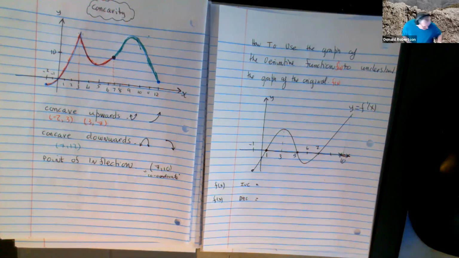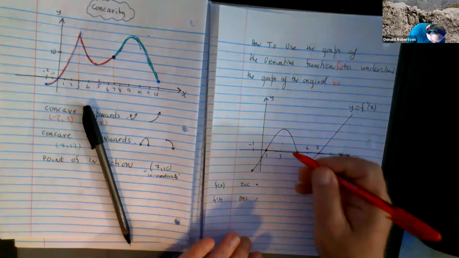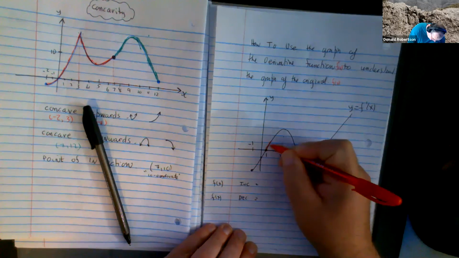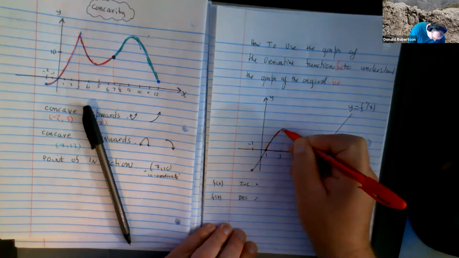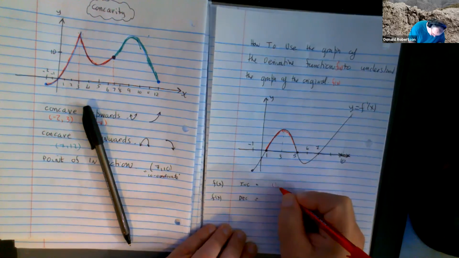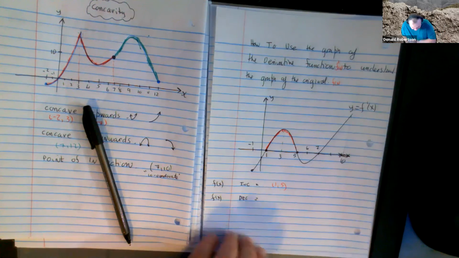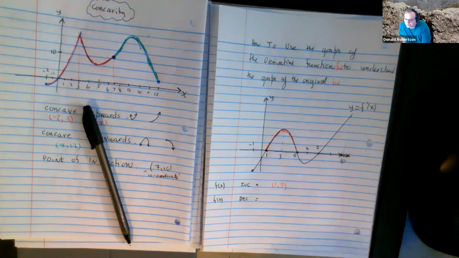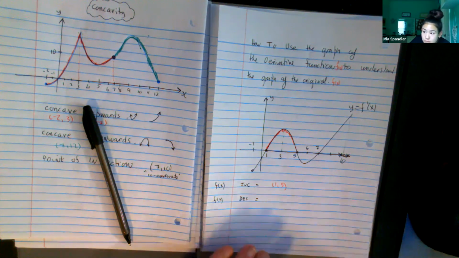Positive derivative means it's increasing. So isn't it increasing from 1 to 5? Where else is the derivative function positive? Seven to 10. Right?